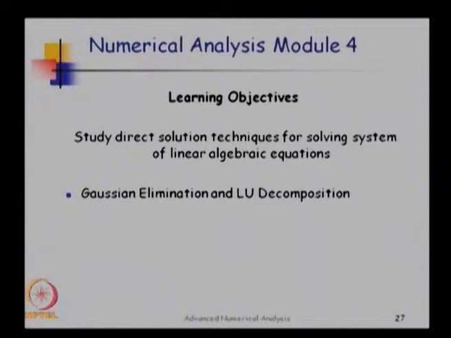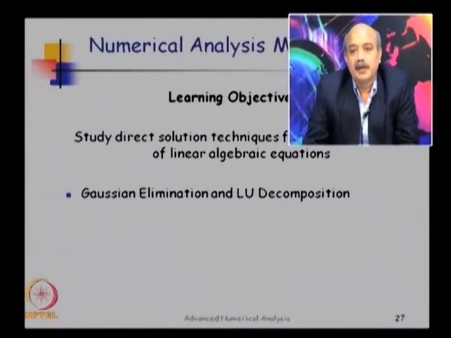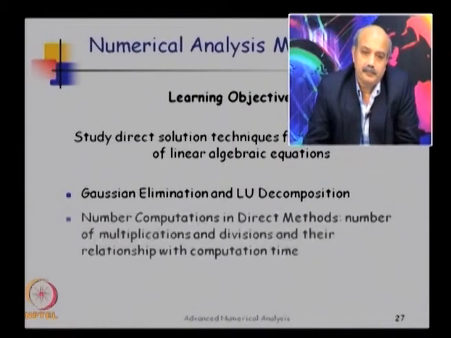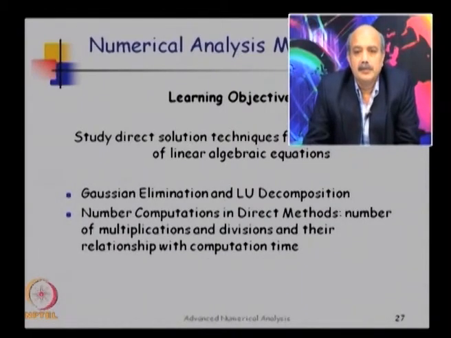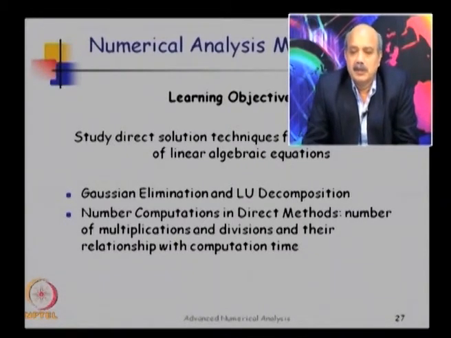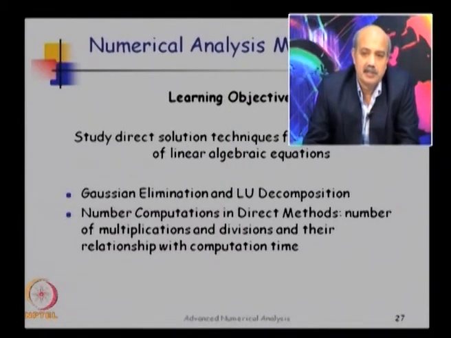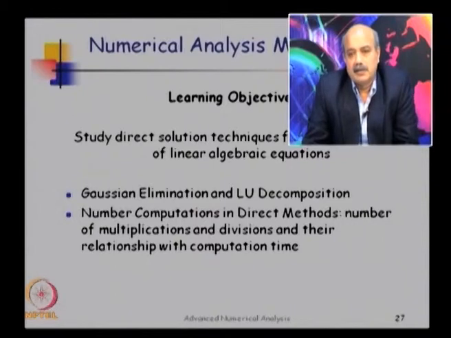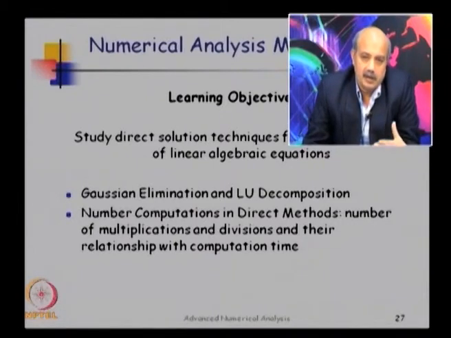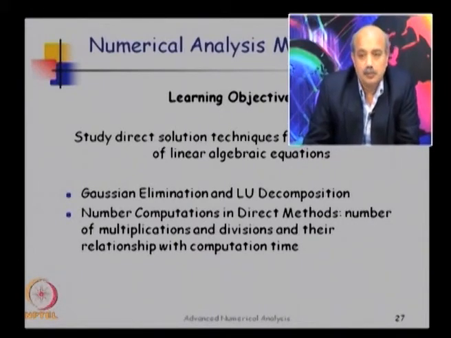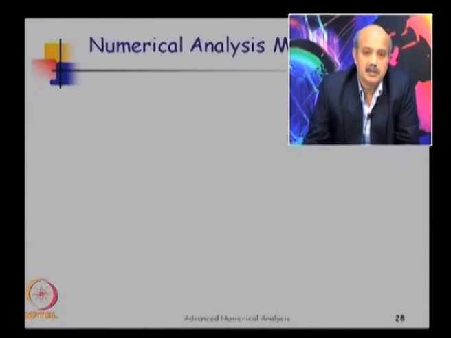So first, of course, I am going to look at Gaussian elimination very briefly and LU decomposition, and we'll spend some time on the number of computations that are required in carrying out a Gaussian elimination process, and see whether there are methods that can reduce the number of computations.